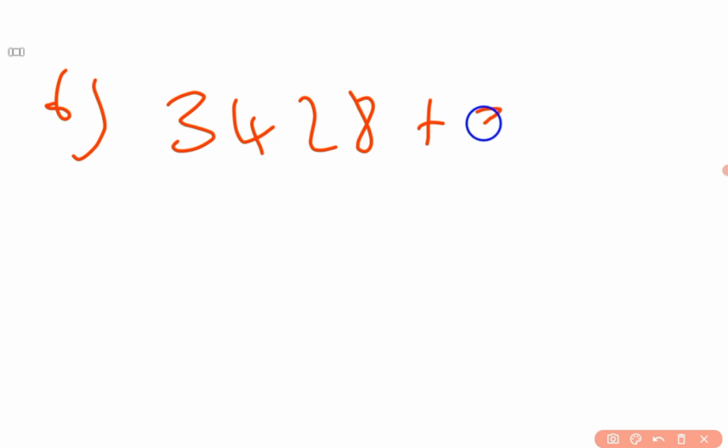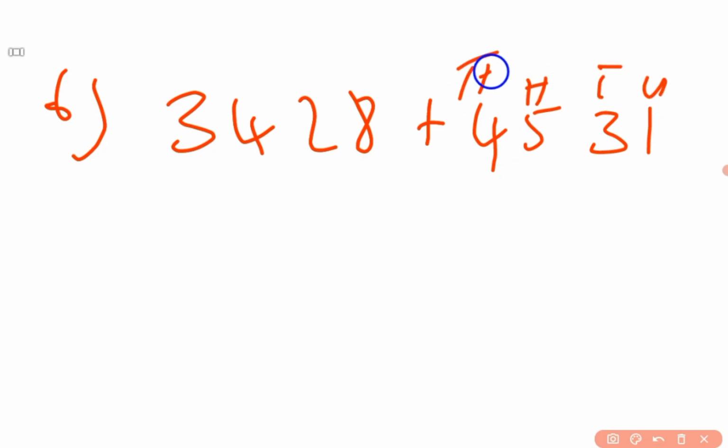For addition without carrying, let's take an example like 3428 plus, for example, 4531. So here you have thousand, hundred, tens, and unit.